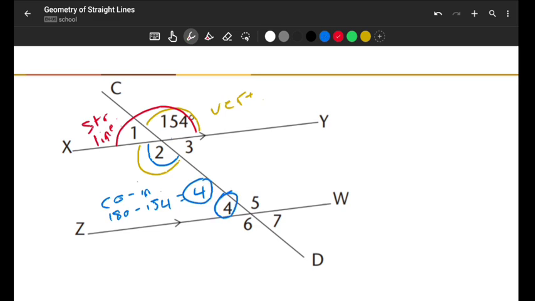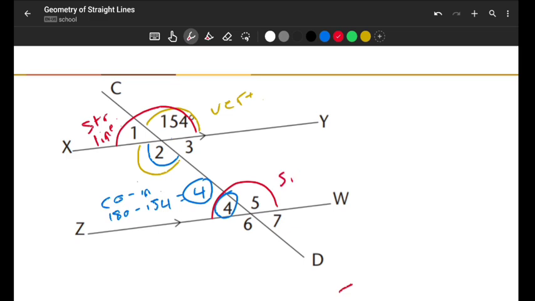Once we have angle 4, we have access to this side. So just to make it fun, we're going to say angles on a straight line here, right? What haven't I used? Straight line, vertically opposite, co-interior angles.